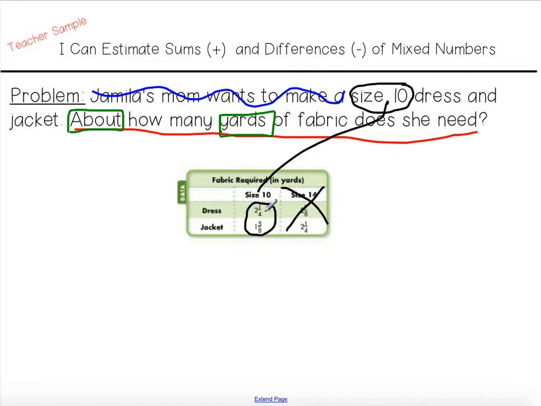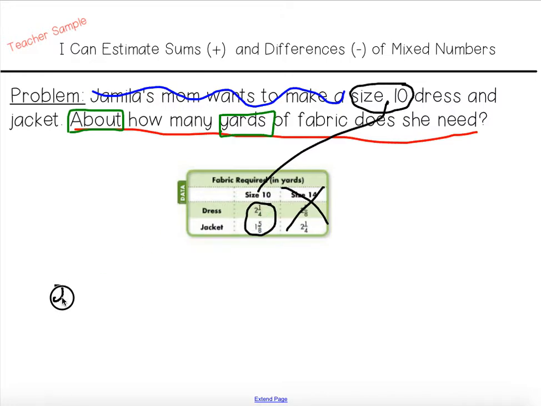So we need to know about how much fabric she's going to need. In order to make a size 10 dress, she needs about 2 1/4 yards, and a jacket, she needs 1 5/8 yards. But we need the total amount of fabric she'll need in all. In all usually tells us that we need to add. So we're going to estimate the sum of these two numbers.